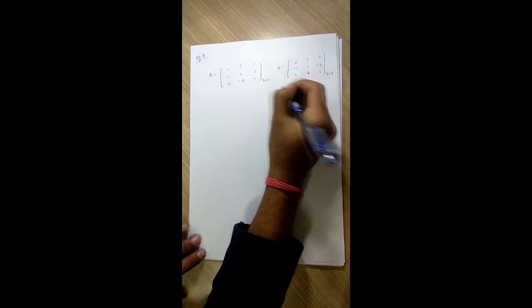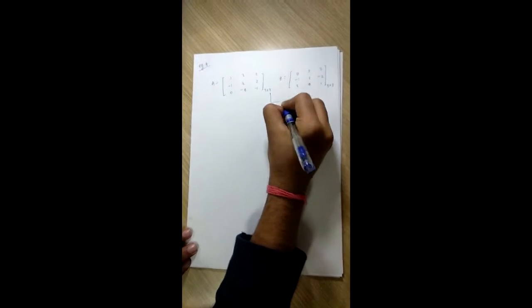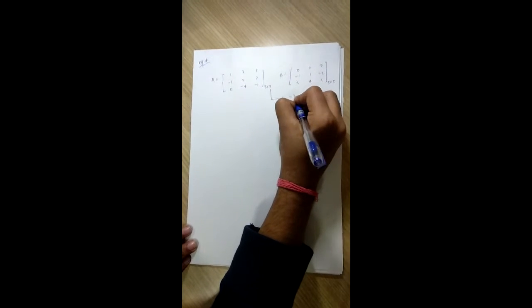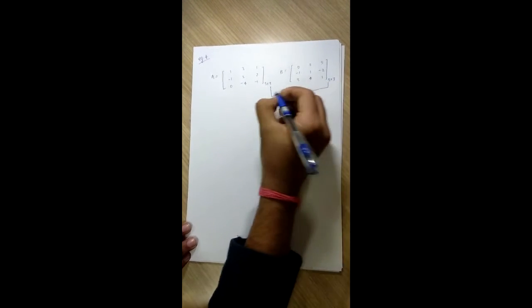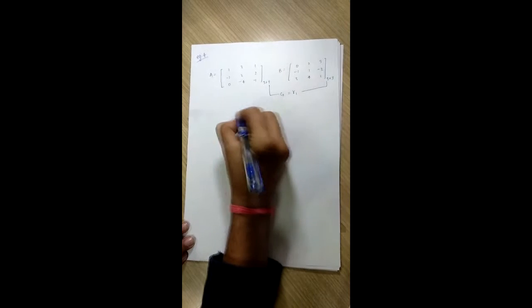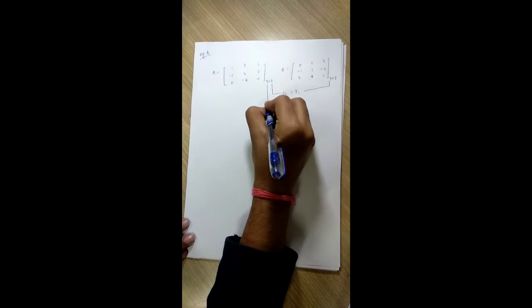Now let's see our condition for matrix multiplication, C2 is equal to R, which is clearly satisfied, and the size of our resultant matrix will be 3 by 3.